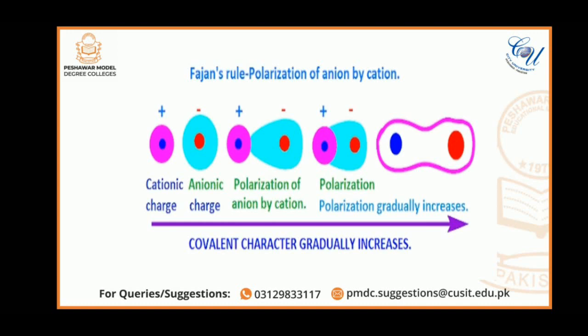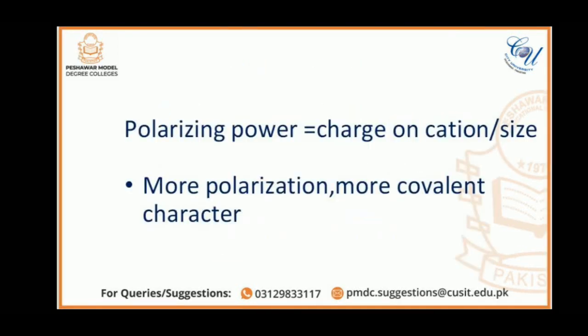As the polarization increases, the anion becomes unsymmetrical, and as a result, covalent character gradually increases because it results in the sharing of electrons. So, Fajans rule states that polarizing power of a cation is directly proportional to charge on cation and inversely proportional to size of cation. Means more polarization, more covalent character.